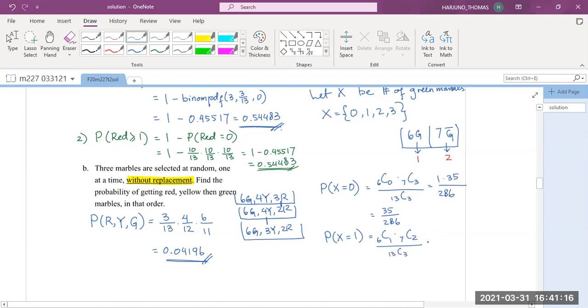Now, 6 choose 1 is 6. 7 choose 2 is 21. Now you can use your calculator. Okay, 286 here. So when I multiply, I get 126 over 286. That's the probability of getting 1 green marble if you select 3 marbles from these 13 marbles.